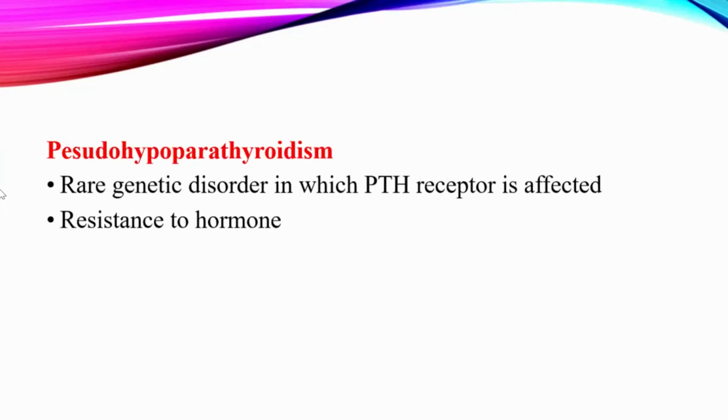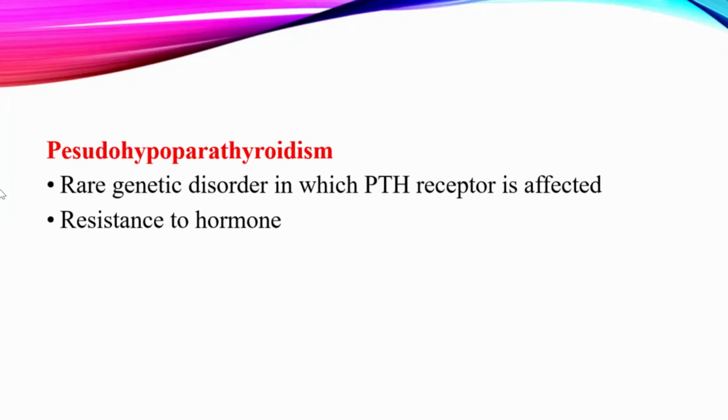In pseudohypoparathyroidism, if we measure the concentration of parathyroid hormone in the circulation, we can find a normal or increased parathyroid hormone level.